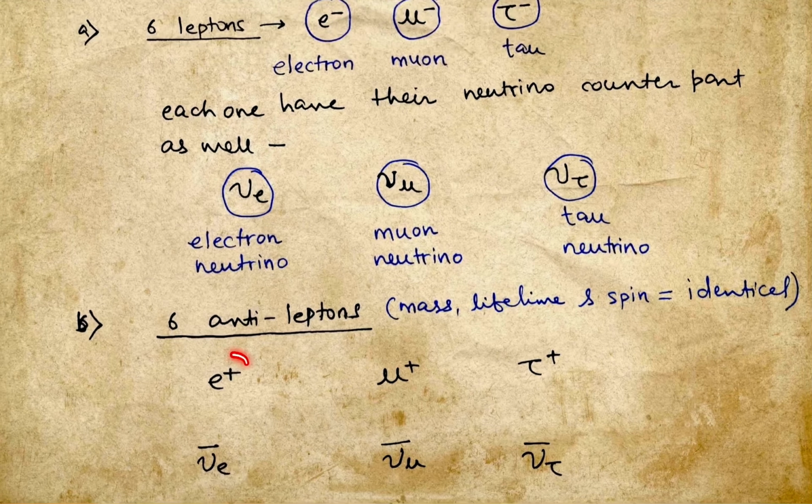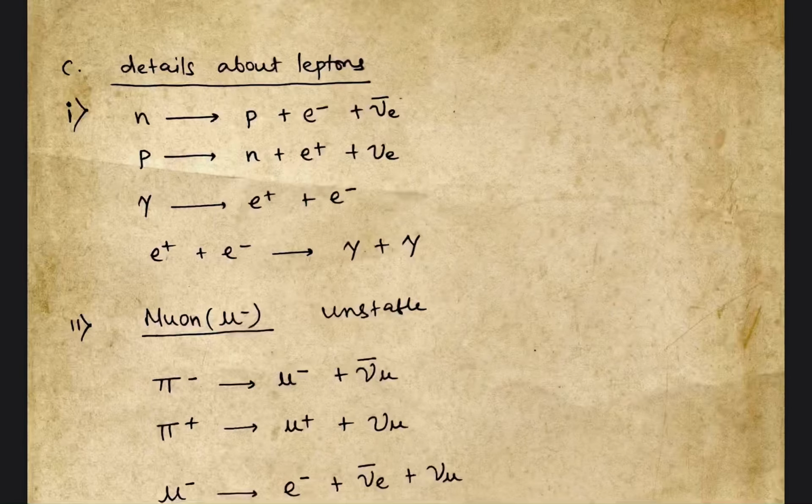So we have e plus, which we call positron, then mu plus, tau plus, and then the electron antineutrino, muon antineutrino, and tau antineutrino. You need to identify and read them. This is tau, this bar means anti, and this mu is neutrino.